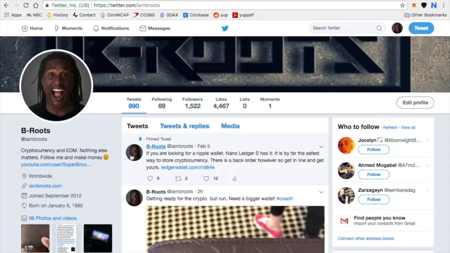Don't invest in this space and not get on Twitter. It just doesn't work that way. You will lose out on so much information. Maybe you want to get out of a coin, but you want to get out after a certain pump or a certain announcement. You need to be on Twitter because all these companies are on Twitter. So if you have a coin that you're investing in, get on Twitter and add that company.